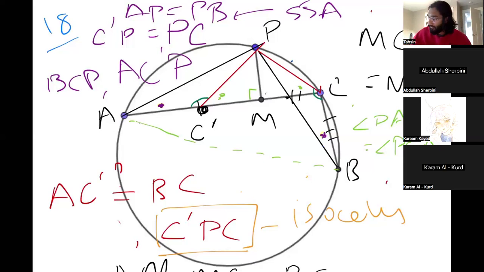It's the ones I've written here: PAB and PCA. Does it make sense? Yeah, but how can we prove that they have the same arc? Because we only know that AP is equal to PB. Ah, okay, right. So what is the situation here?